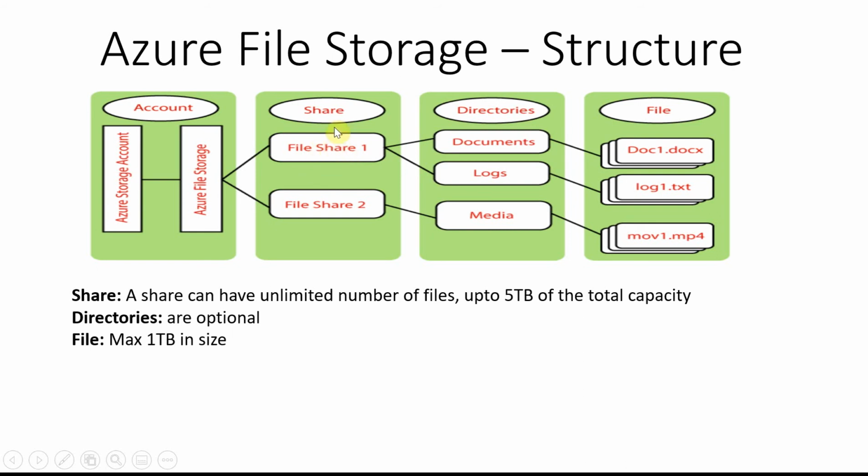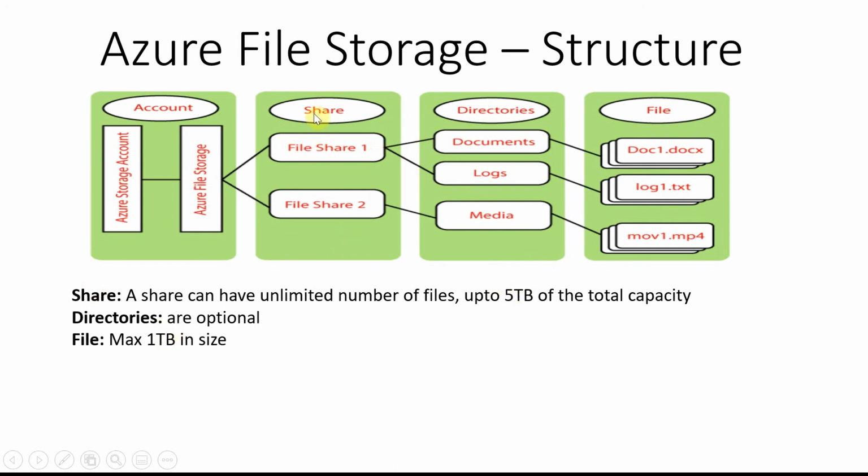You can create any number of shares, there's no restriction there. The only catch is that a share can have a maximum of 5 TB capacity. So you need to create multiple file shares if you have more storage requirements.